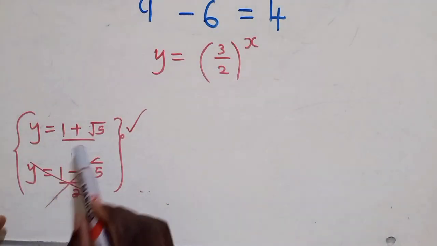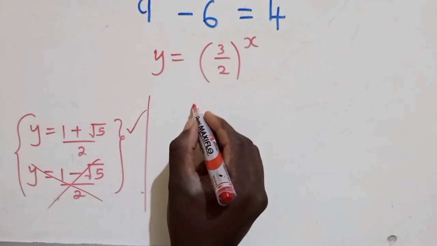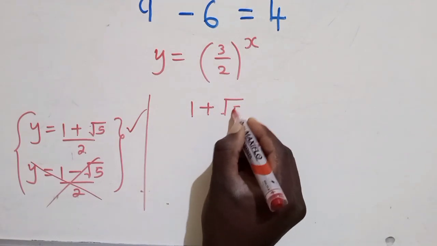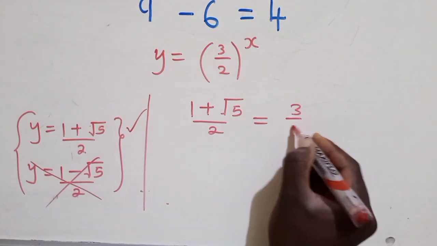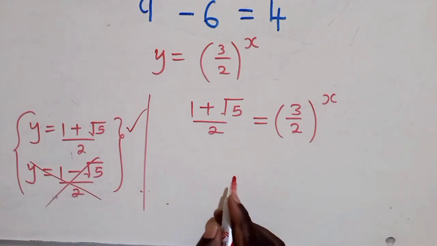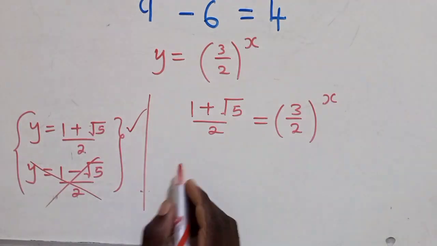Now to move on with this, we shall say (1 plus root 5) over 2 is equal to (3/2) power x here. Hopefully you can see what has happened here. I've just taken this and substituted it right there.